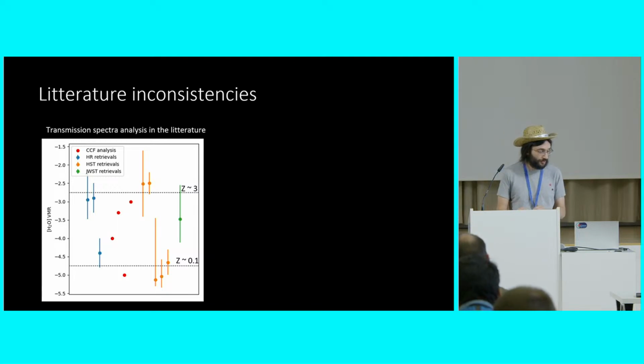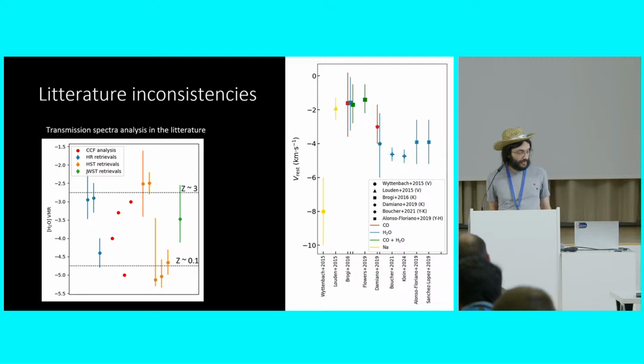For example, here I show the water volume mixing ratio from different studies. You can see the very recent JWST result in green here, and you can see that there is a lot of spread in the values given. Now here are the results for the rest velocity, and you can see that there is also this spread.